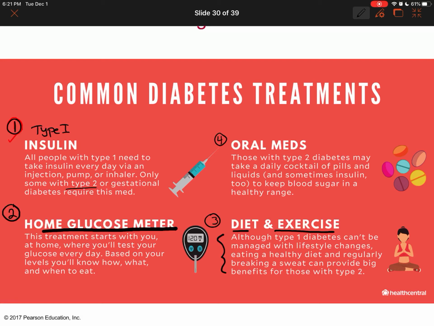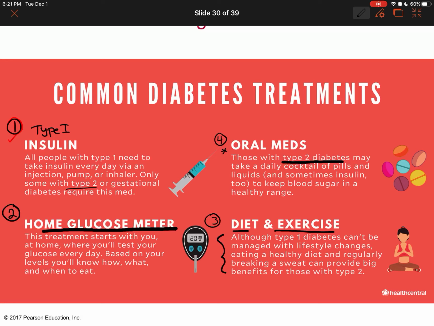Now, type 2 diabetes also has oral medications. So the oral medications that are around are looking at trying to decrease blood glucose levels. We saw all the problems that are involved with high glucose levels, so these are going to decrease the glucose levels. So with type 2 diabetes, they can take a daily cocktail of pills and liquids, sometimes insulin, but these guys will try other avenues to try and stop high blood glucose.